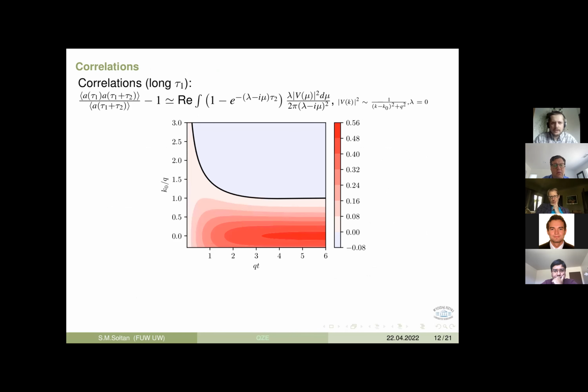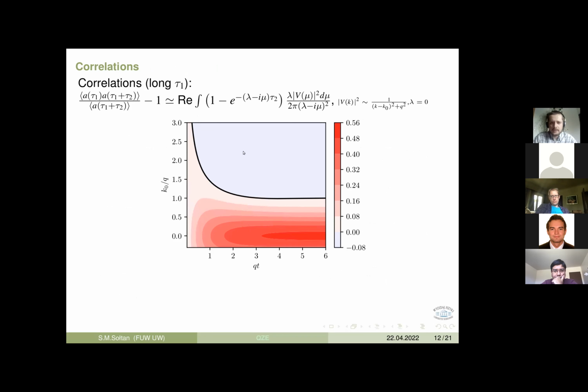And well, the correlations could also be obtained. The correlations, if they exceed 1, are instances of violating the aggregate inequality.